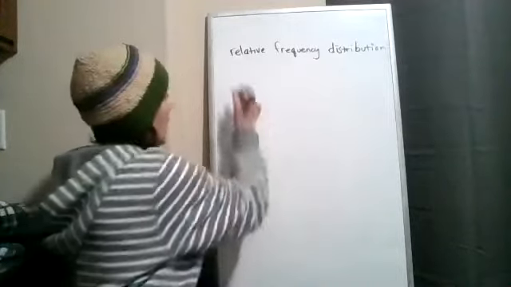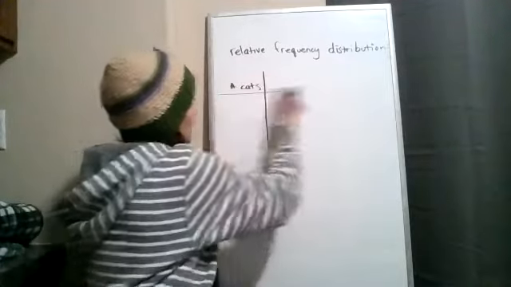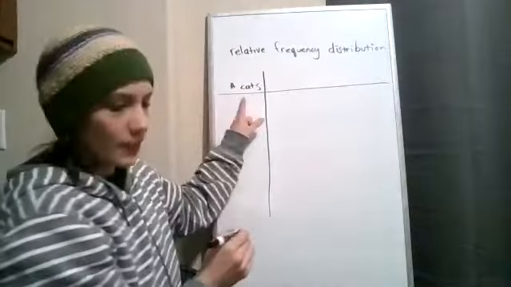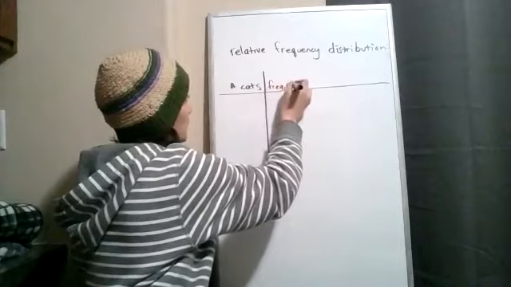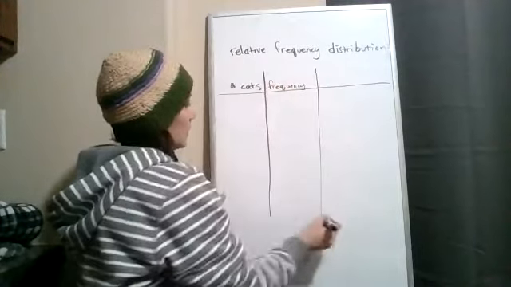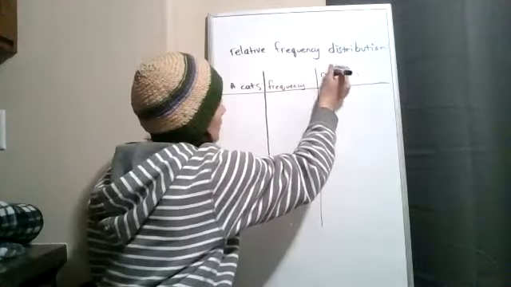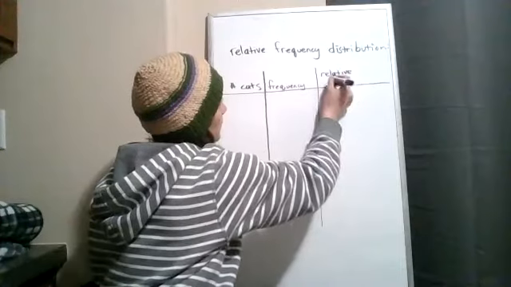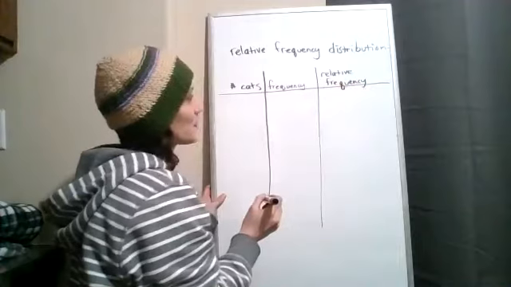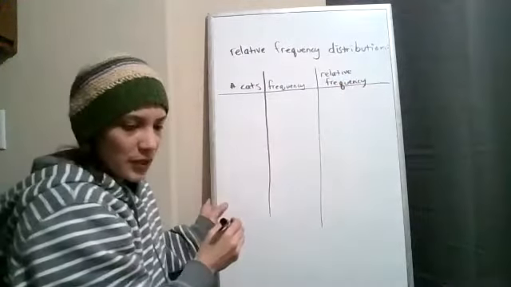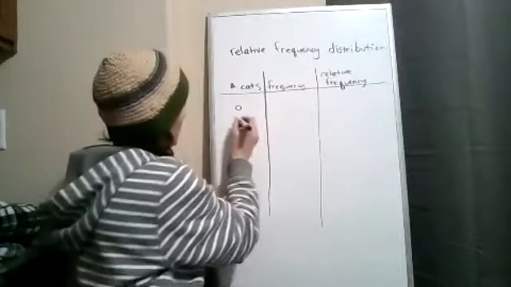So you would have cats, frequency, and then you find relative frequency. It's possible to own 0 cats, 1 cat, 2 cats, up to 5.